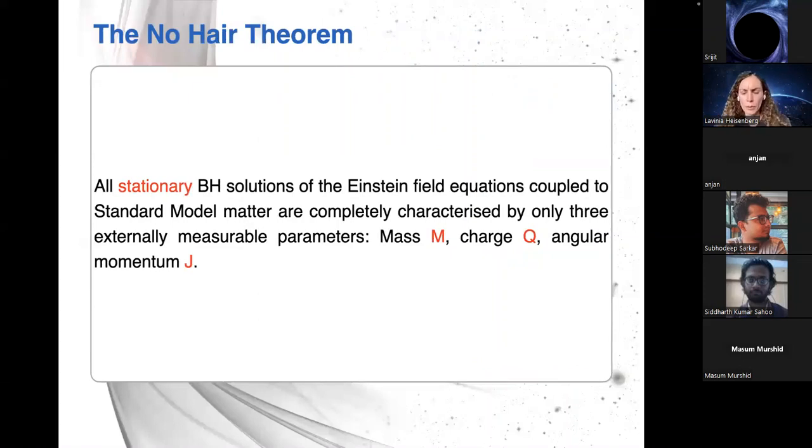One very important theorem within these different black hole solutions is the no-hair theorem, which basically states that all stationary black hole solutions of the Einstein field equations coupled to standard model matter fields are completely characterized by only three measurable parameters: mass, charge, and angular momentum.